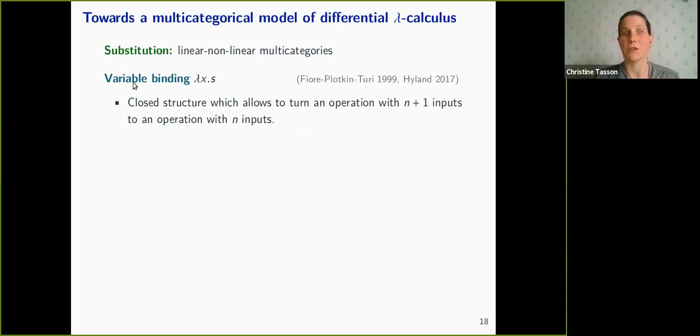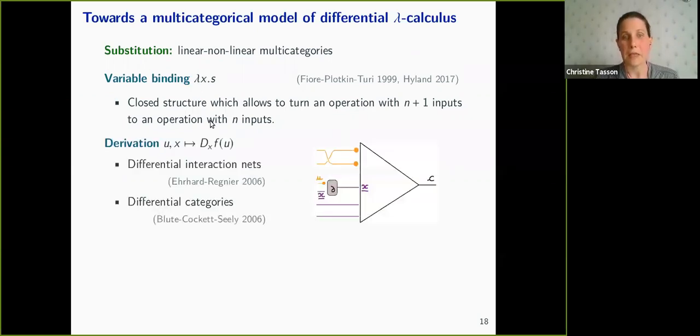The first thing is to know how to interpret variable binding. And for this, I need a closed structure, which allows me to turn an operation with n+1 inputs into an operation with n inputs. Because when I do the binding, I just get rid of one of the inputs, which is not appearing anymore. The second thing is to interpret the derivation operator.